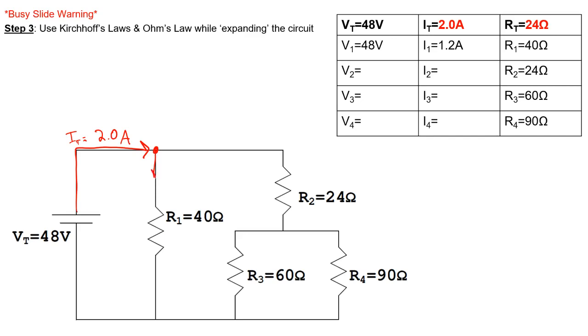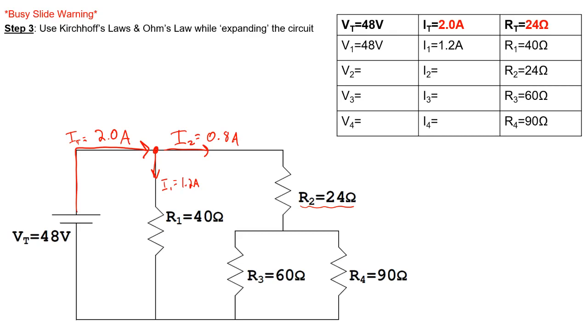We've already found that the current then leaving this junction is I1, or 1.2 amps. So the current that is also leaving that junction point has to add up, and I'm going to call that I2 because this is the current that will flow through our second resistor. So this I2 has to be 0.8 amps.